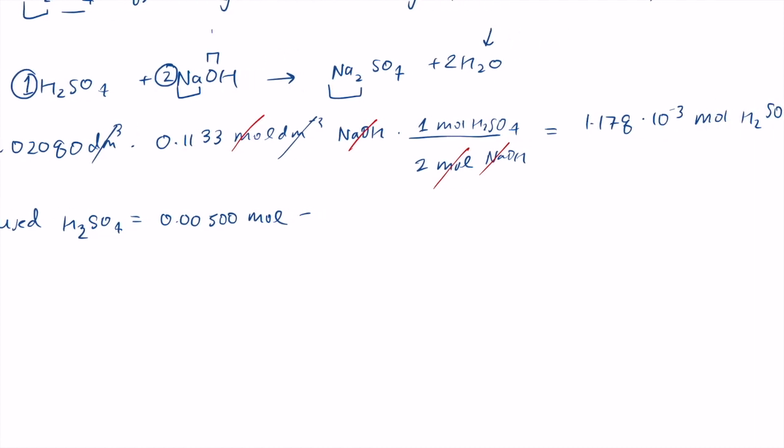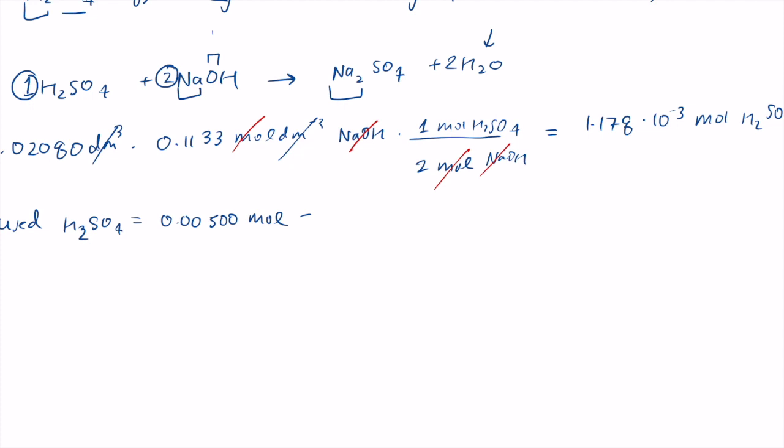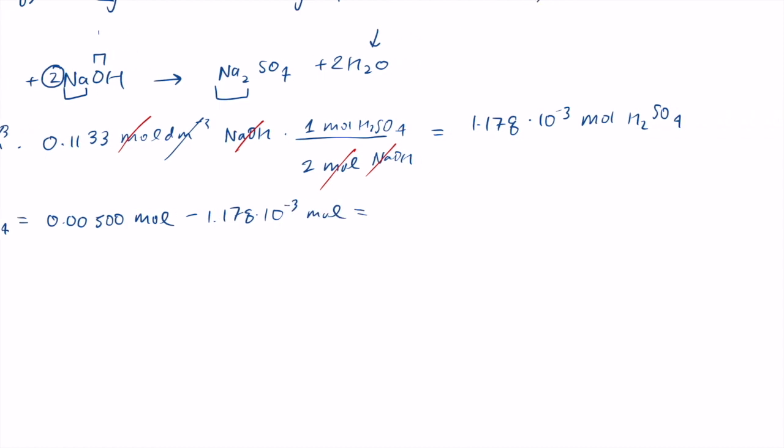Then we're going to subtract from that the amount that was in excess, which we calculated in C. And our result should be the amount we've actually used, which is 3.82 times 10 to the negative 3 moles of H2SO4.